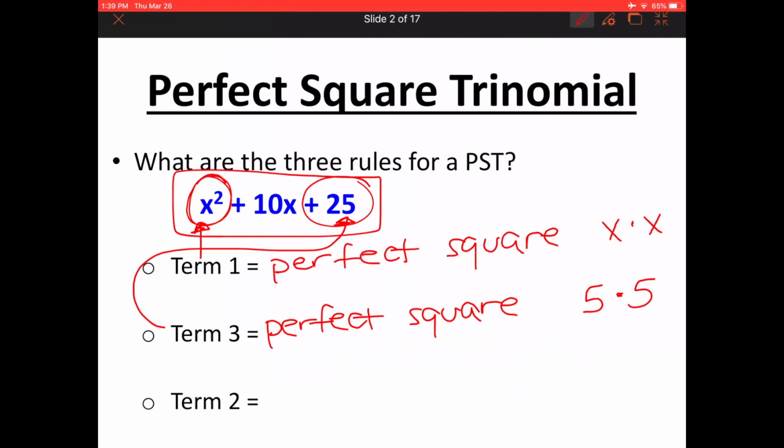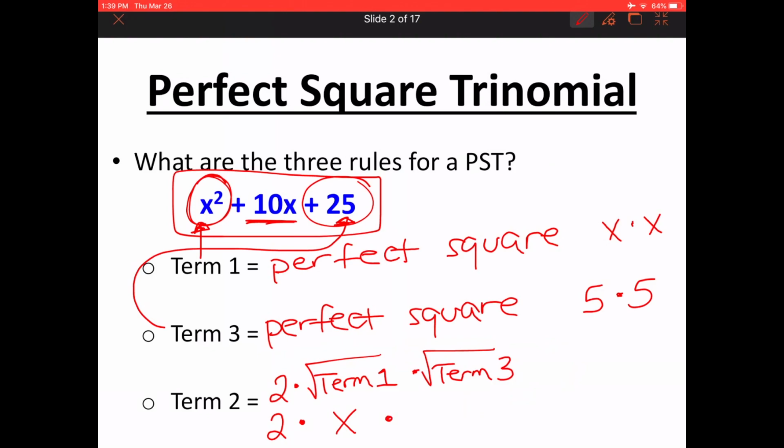Term 2 was the trickiest part of a perfect square trinomial, so term 2 is derived from this formula. We always take 2 times the square root of term 1 times the square root of term 3. That's how we come up with the second term. In this example, the square root of term 1 is x, and the square root of term 3 is 5.